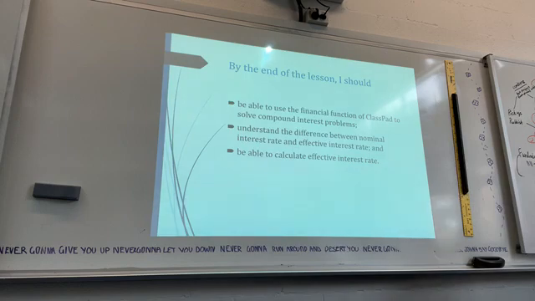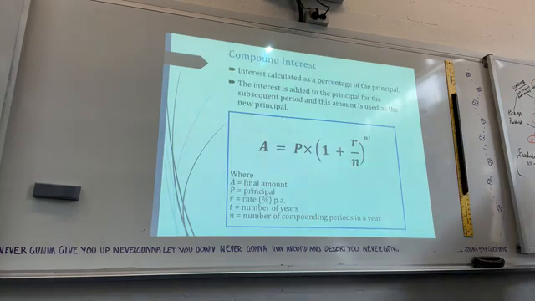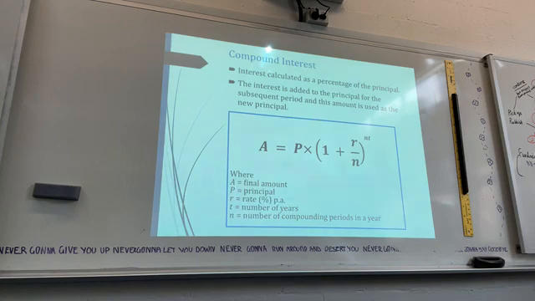All right, now let's recap. You know that interest is calculated as a percentage of the principal. The interest is added to the principal for the subsequent period, and this amount is used as the principal: compound interest. And I talk about A equals P times (1 plus R over N) to the power of NT.